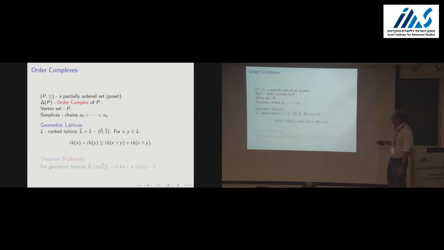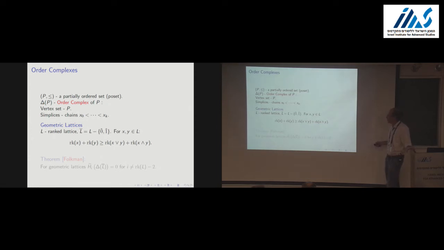Most of our posets will be lattices and even geometric lattices. So a lattice is just a poset where any 2 points have an upper bound, the smallest upper bound, and the largest lower bound. And these are particularly nice, at least topologically, posets. They're even nicer when they are geometric.